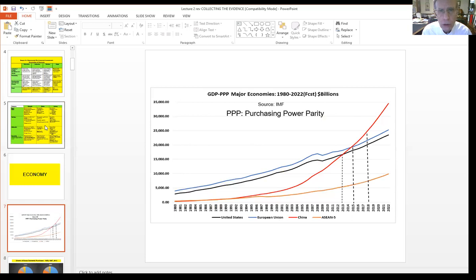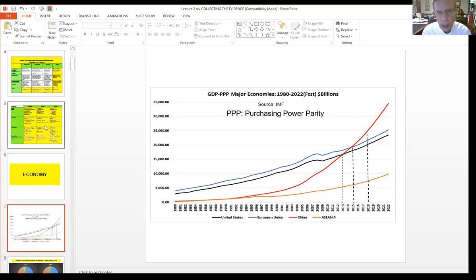And in order to facilitate or encourage exports, China's central bank and its government have kept the exchange rate for the yuan, the Chinese currency, at a low rate. So long story short, $1 can buy a lot of yuan.